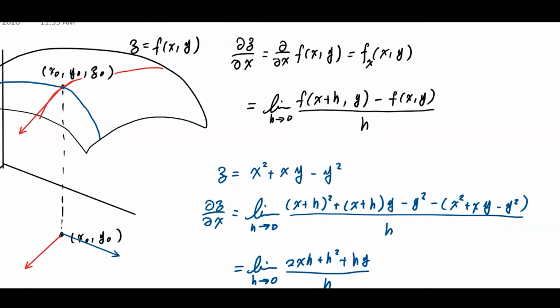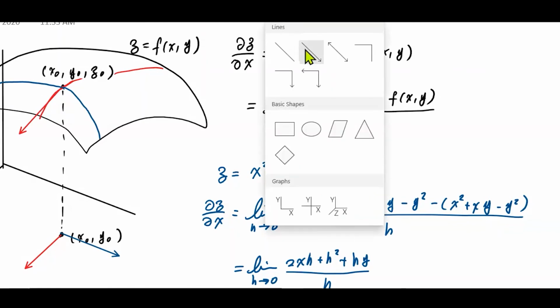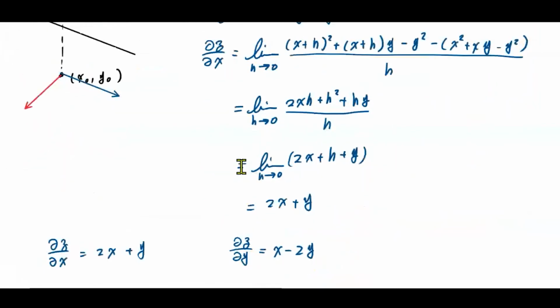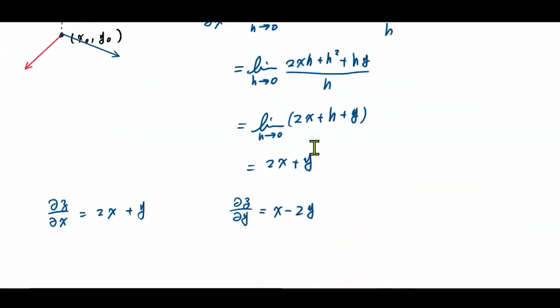We are moving along that curve, and then we are looking at the slope of this vector, whatever that vector is. Know what I'm saying? So this is known as the partial derivative, and it is exactly what you want it to be. Okay, that's nice.